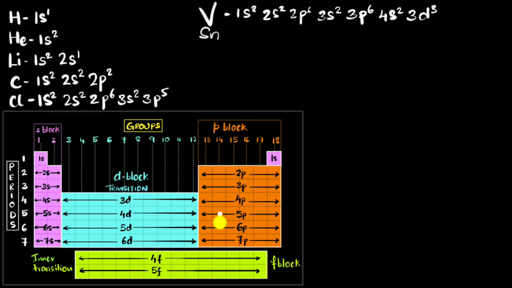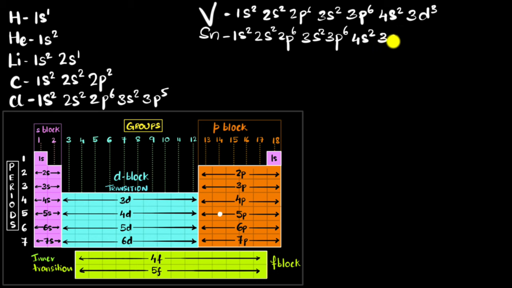So why don't you pause and give it a shot? All right, let's do this. From the top, 1s2, let's do it a little quickly now. Then 2s2, 2p6, 3s2, 3p6, then 4s2, then we have 3d, and 1, 2, 3, 4, 5, 6, 7, 8, 9, 10.